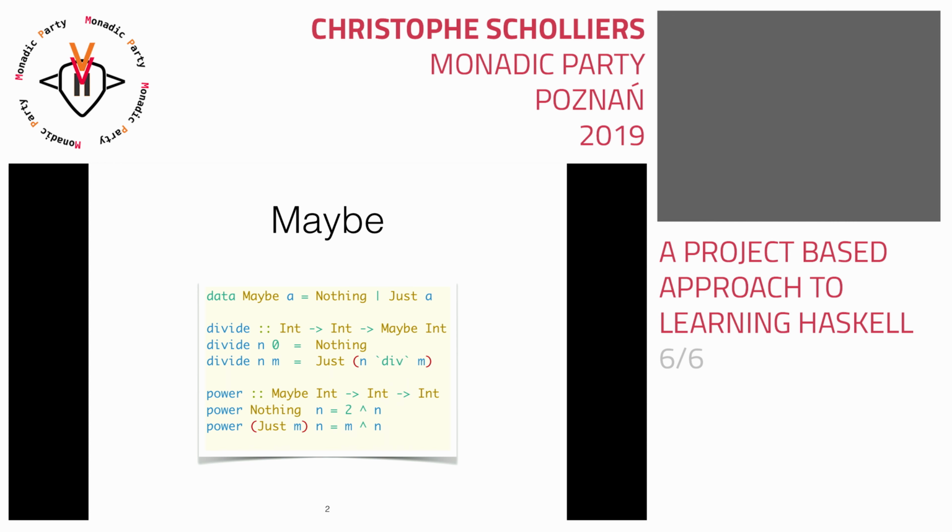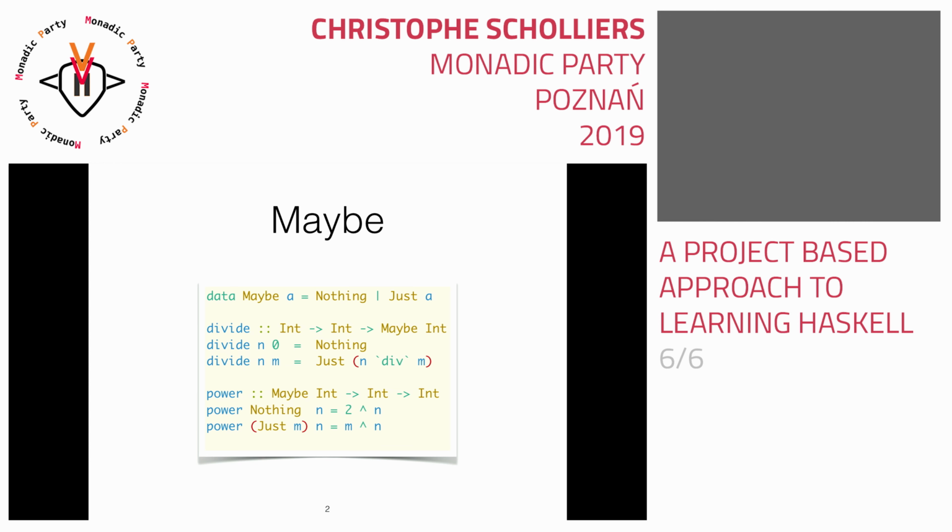And so the first thing is a data type, Maybe, which is used very often in Haskell. The Maybe algebraic data type is actually to indicate that something can go wrong, right?